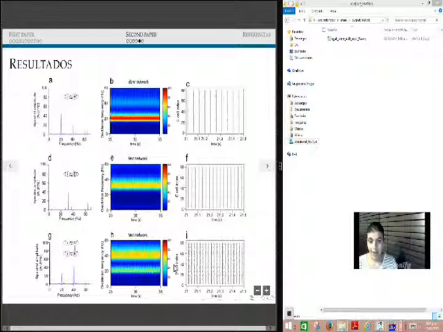Besides, we obtain another important frequency. Then we have two predominant frequencies, and besides we have a high frequency in our model. As we can see here, the pulses in the graphic are faster than here and then here.